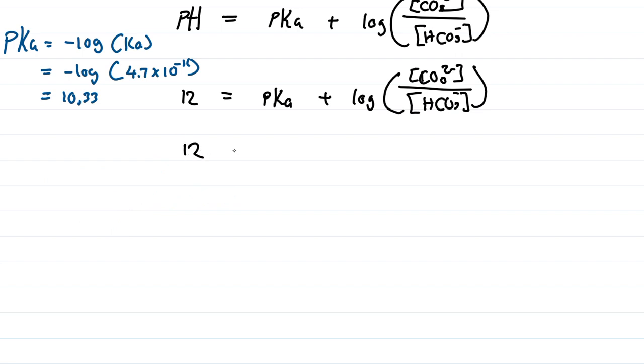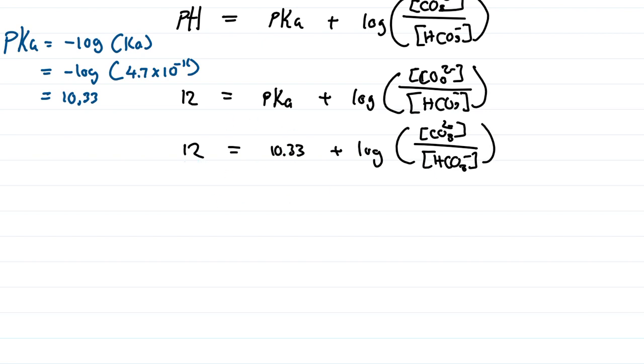So we have 12 is equal to 10.33 plus log of the concentration of the base over the concentration of the acid. So we take that to the other side, and we get 12 minus 10.33, which is 1.67, is equal to the log of the concentration of the base over the concentration of the acid.